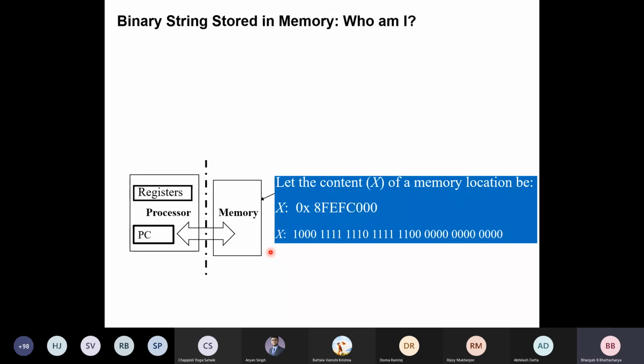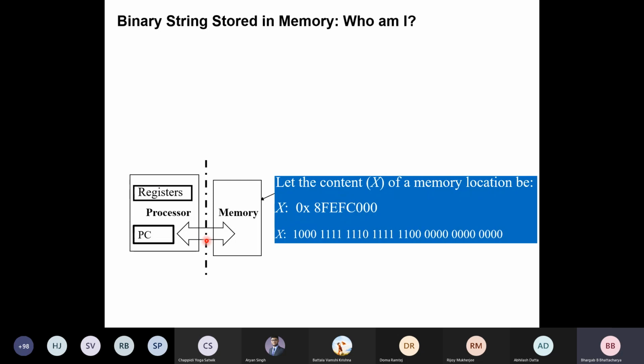Now imagine that you are looking at a particular memory location, and assume that you have a memory word here which is 32 bits long. The size is 32 bits, that means 4 bytes. Imagine that you have a memory location X, and the content of the memory location is this, which in binary is this.